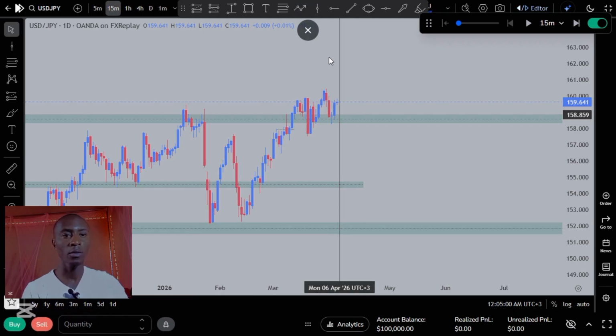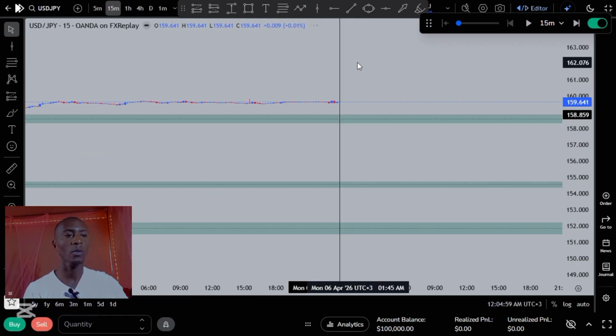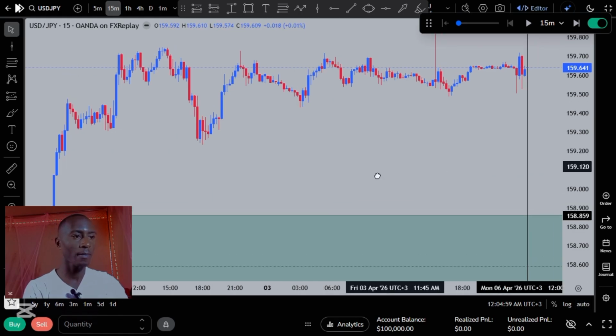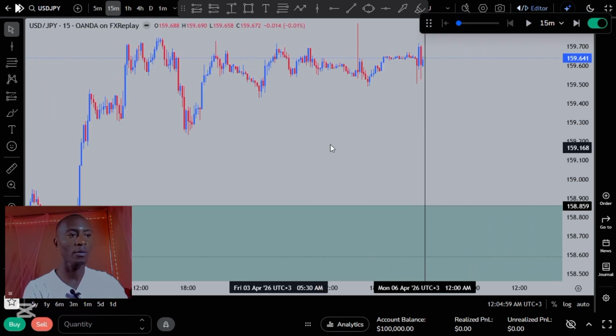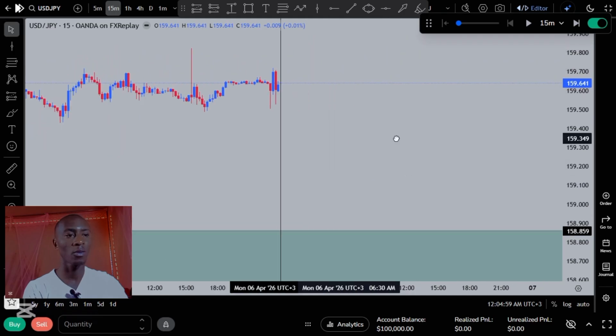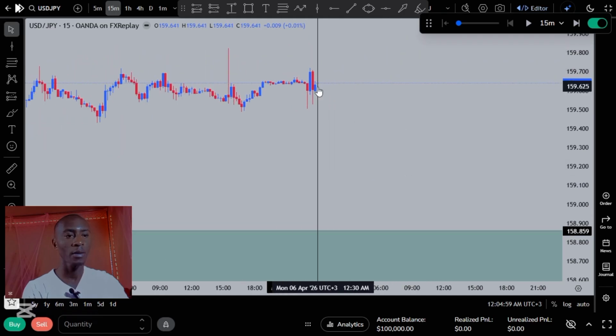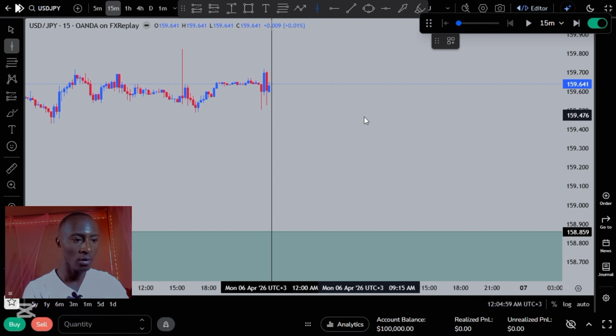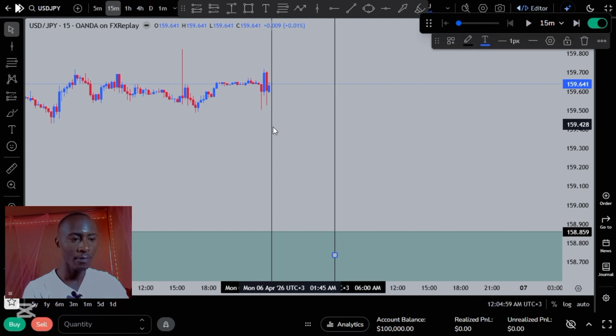So I'm going to head over to the 15 minute time frame where I look for my setups. Here you go. From the 15 minute time frame, you can see this market has been consolidating for quite some time. On Monday it's at 12 a.m. I usually start my day from 6 a.m., so I'm going to run over to 6 a.m. Here we are.